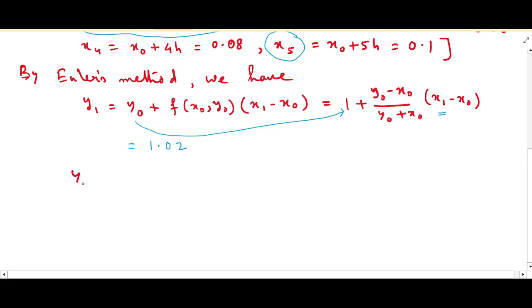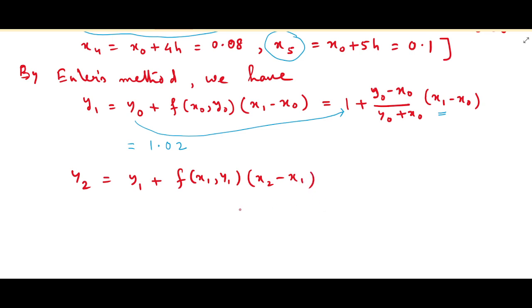Now y2. In the same way, y2 is y1 plus f of x1 comma y1 into x2 minus x1. So it is nothing but y1, which we just got, 1.02. Then f of x1 comma y1 is y1 minus x1 divided by y1 plus x1, from the function we are writing it. Then it is x2 minus x1.